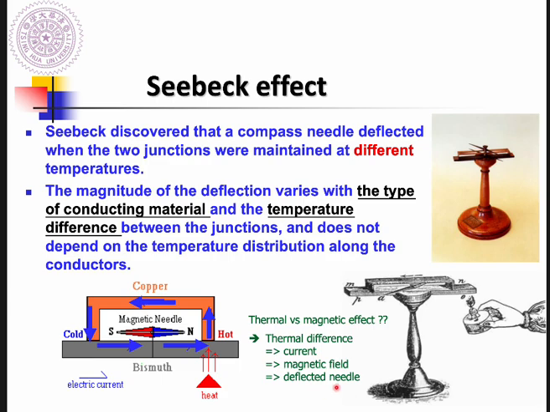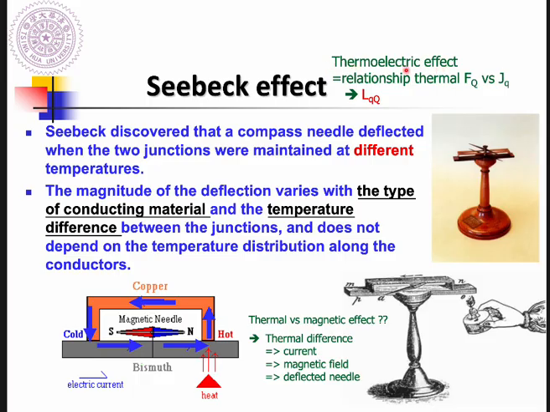So if you think further, it's because we apply the thermal difference and that leads to a current. So it's what we call a thermoelectric effect. It's quite famous. Thermal difference induces a current, so it's a thermoelectric effect.